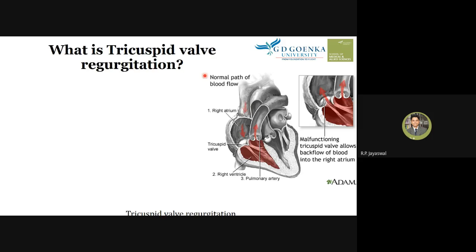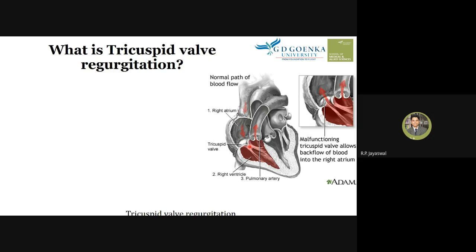Let's know about what tricuspid valve regurgitation is. In this image, this is the right atrium, this is the right ventricle, and this is the tricuspid valve. This is the normal pattern of blood flow. Here the blood flows from the right atrium to the right ventricle through the tricuspid valve, which is normal.